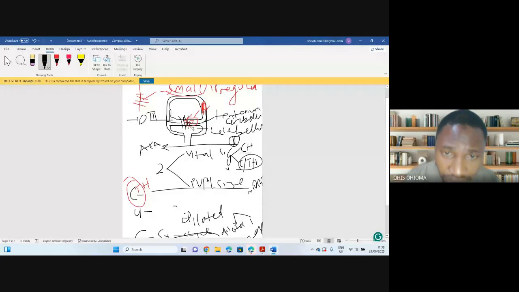It's compressing the midbrain, the corticospinal tract, and the cranial nerve 3 nuclei. So the patient will present with ipsilateral cranial nerve palsy. But because the corticospinal tract carries contralateral fibers, the patient will also present with contralateral hemiparesis.